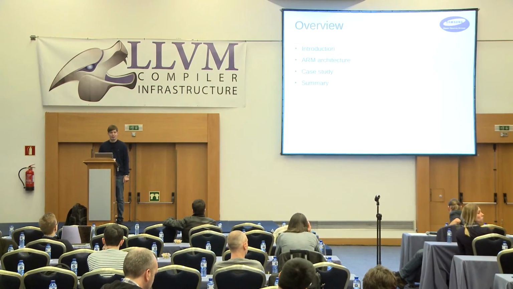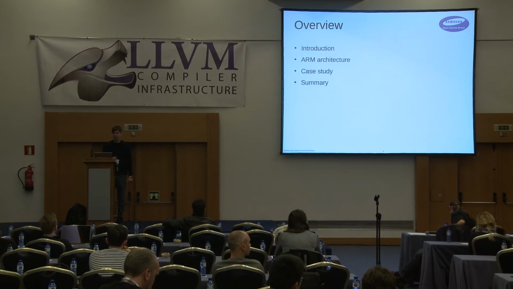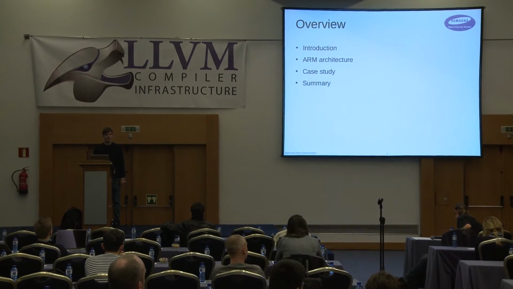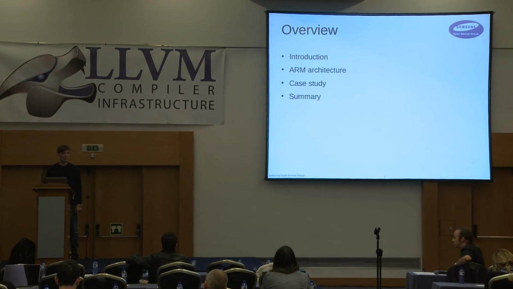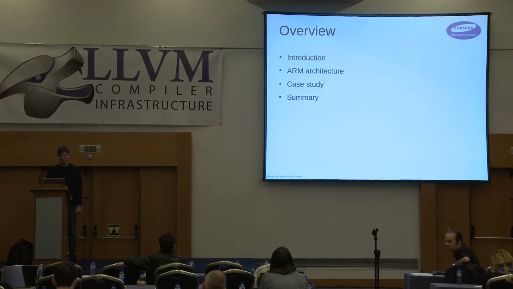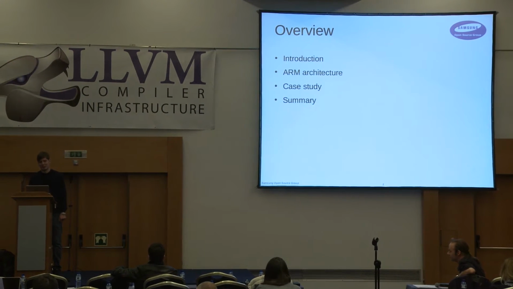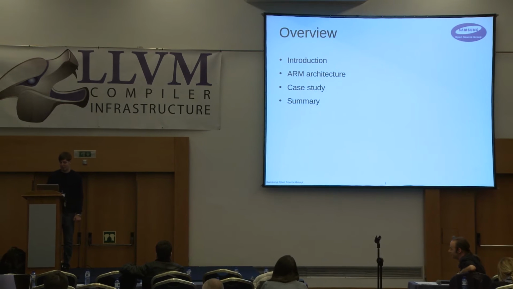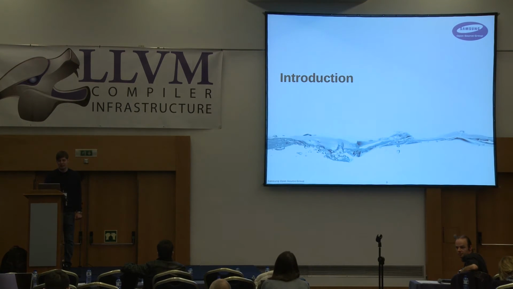And then the main part of this presentation will be the case study, where we'll be looking at ARM assembly code produced by GCC and Clang to see if there's any code generation opportunities we can use on the LLVM side. And then I'll just conclude with a short summary.